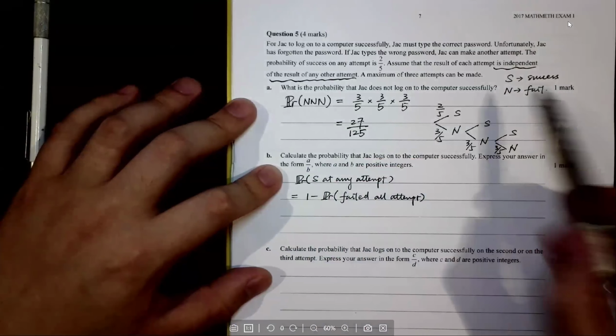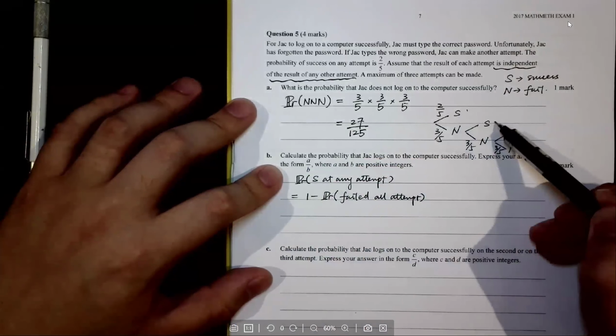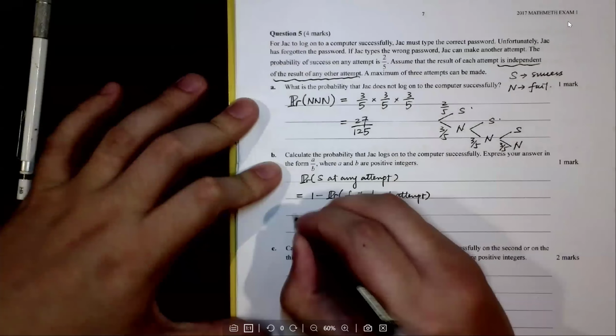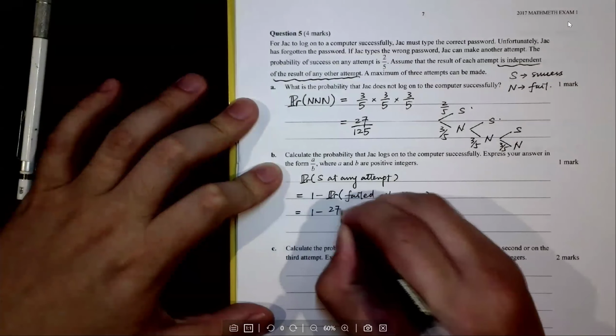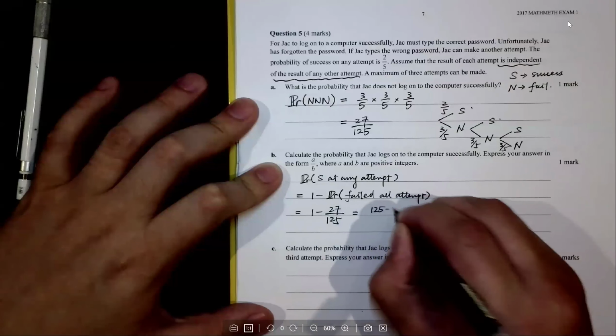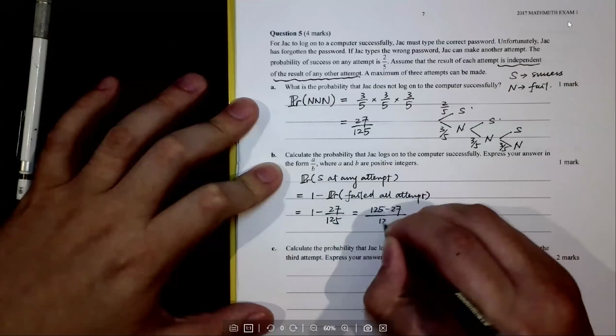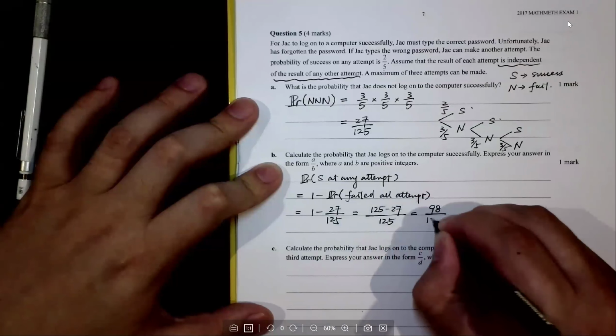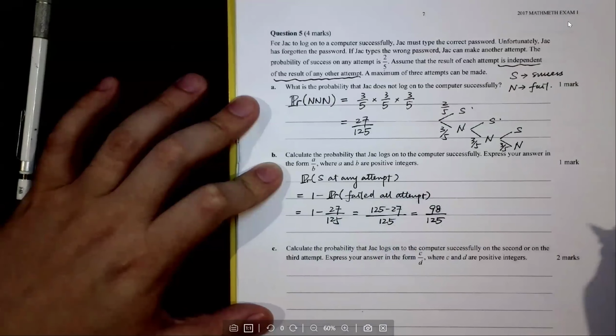And it's like the sum of this case, NS, and NNS, okay, something along this line. So you get 1 take away 27 out of 125. And that is 125 take away 27 divided by 125. So you'll be able to get, say, 98 out of 125 as the answer.